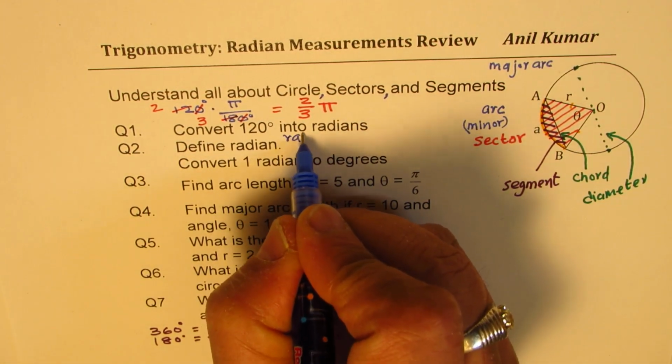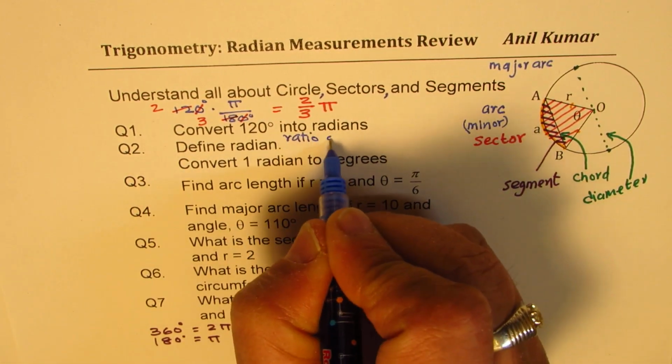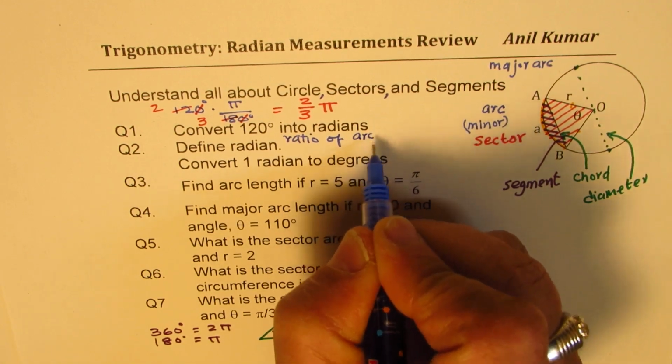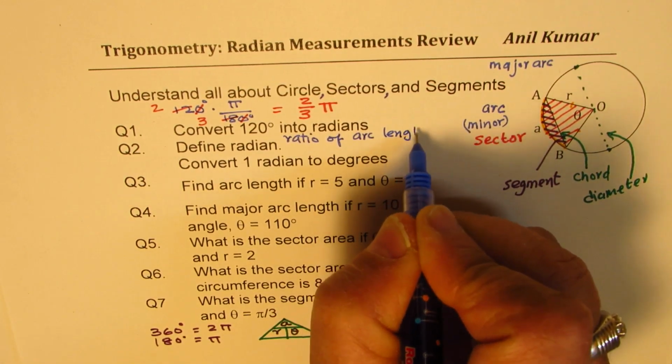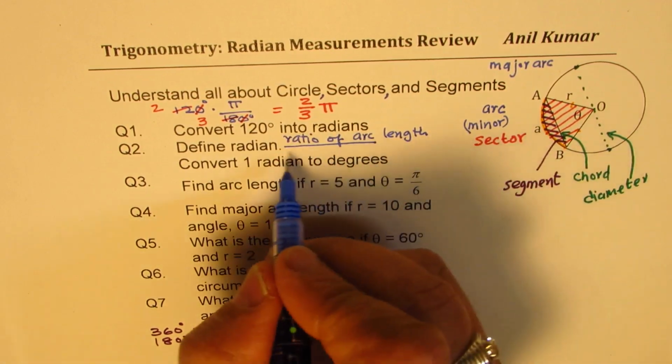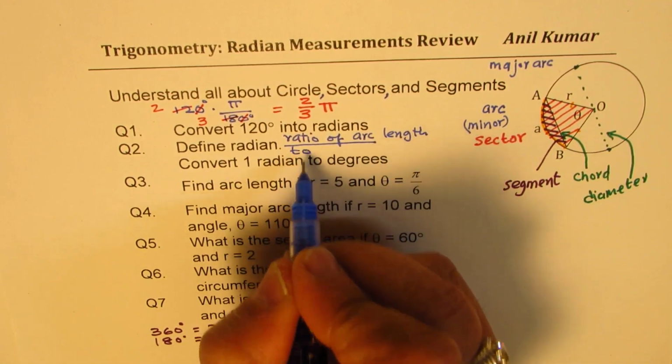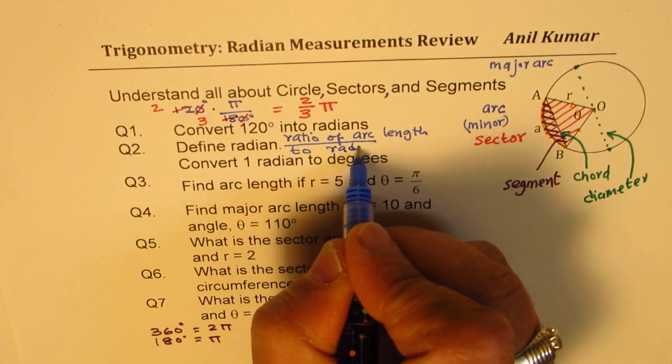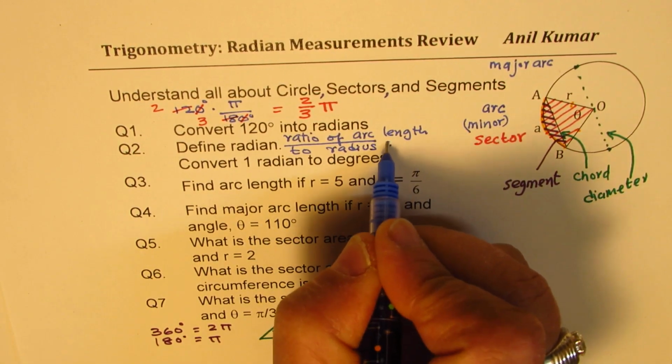We can say ratio of arc length to radius of any circle. Right?